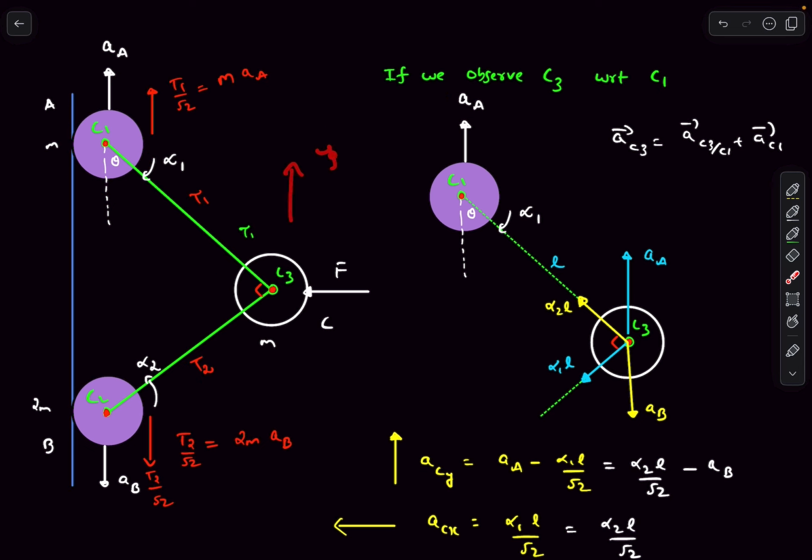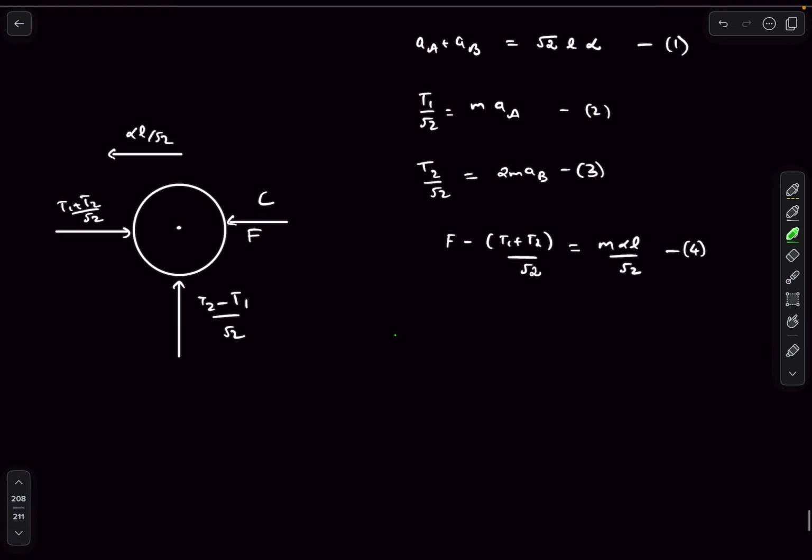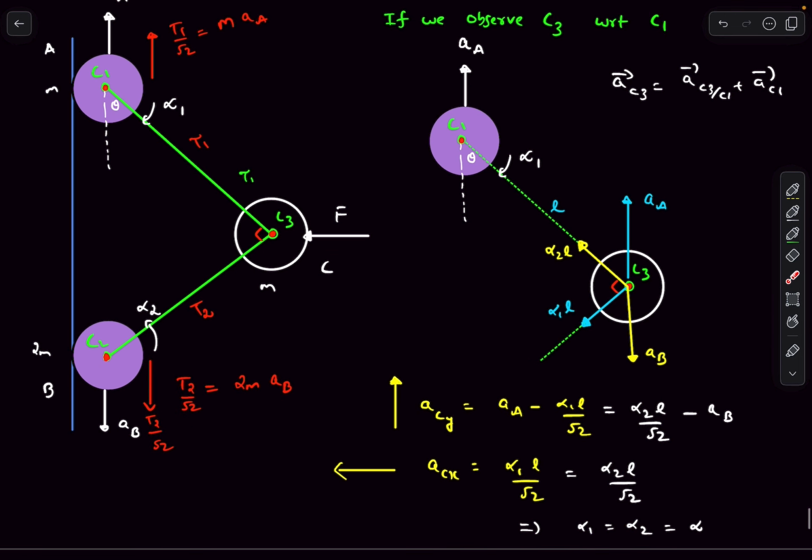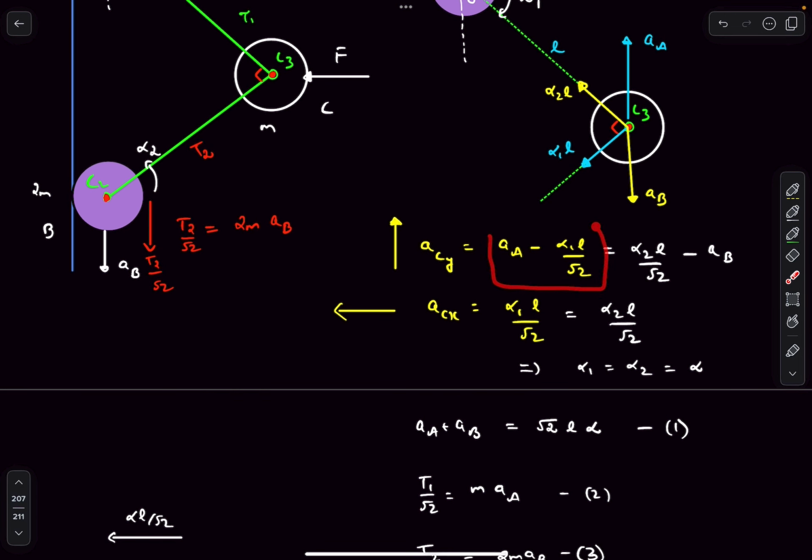So if I'm saying that this direction is the y direction, then I can say the acceleration of the center of mass of the system in the y direction is actually 0. So we can say that m times AA, so this is the acceleration of A in the y direction, plus m times acceleration of disc C in the y direction. If you observe, it is AA minus L alpha by root 2.